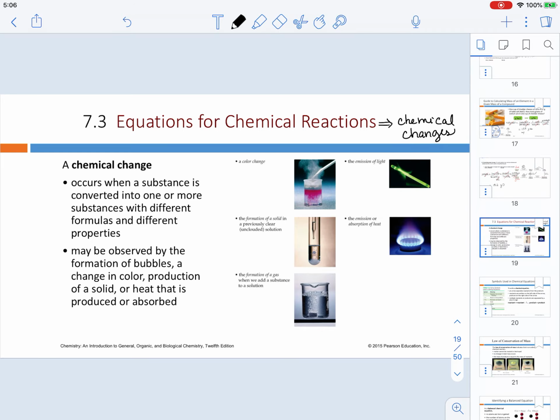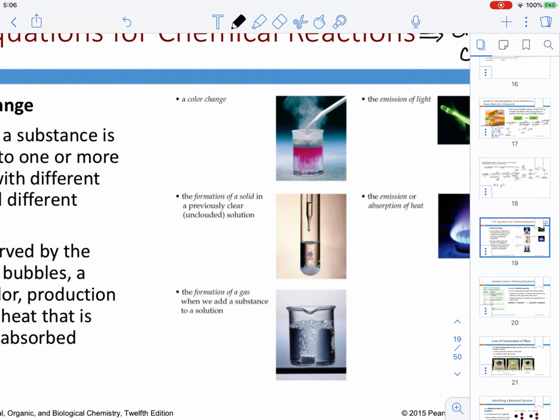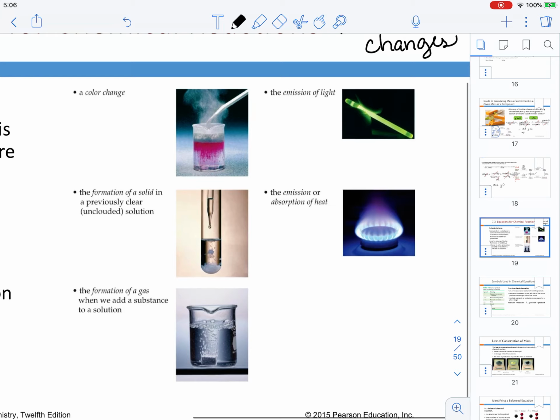Now, there are some indications that a chemical change or a chemical reaction is occurring, and they are outlined on the right side of our slide. As you can see, a change of color, the formation of a solid in a solution that was previously clear, meaning not clouded. Understand that the formation of the solid is also known as a precipitate.